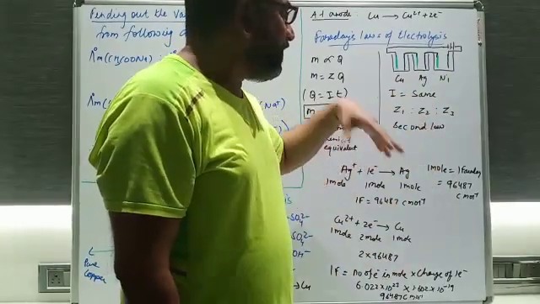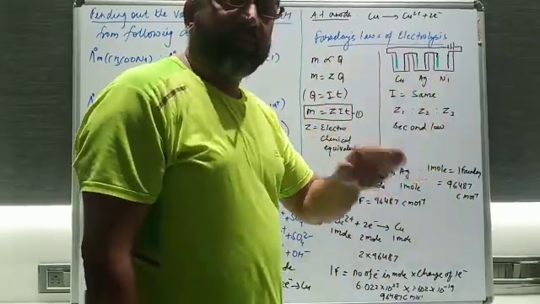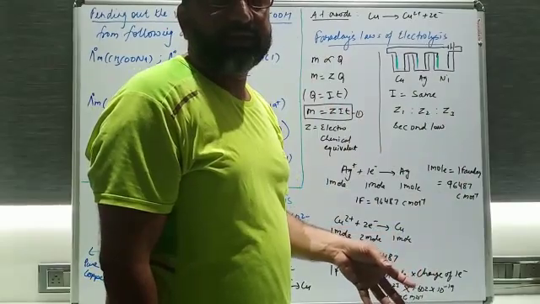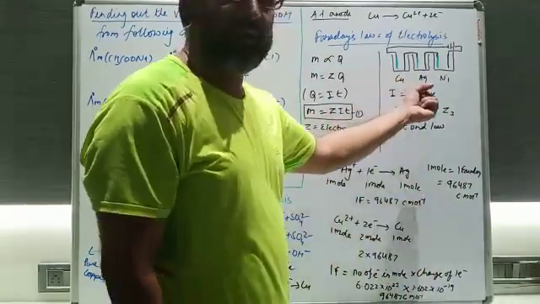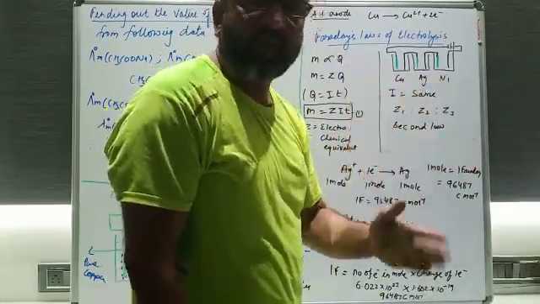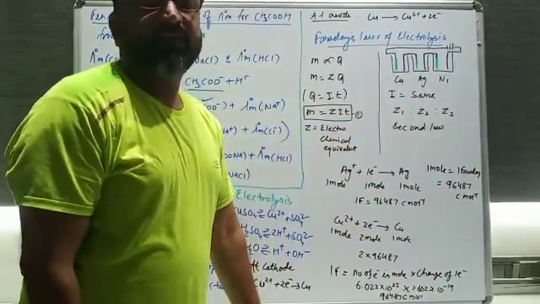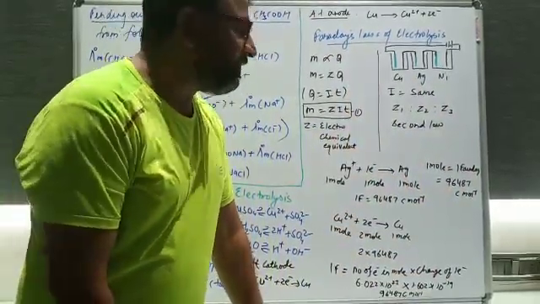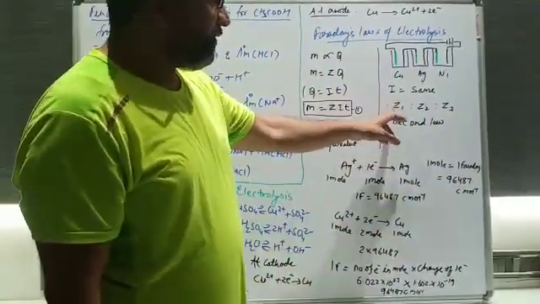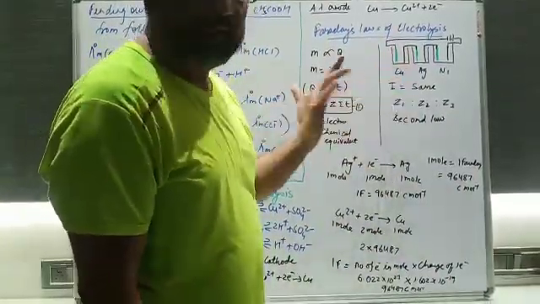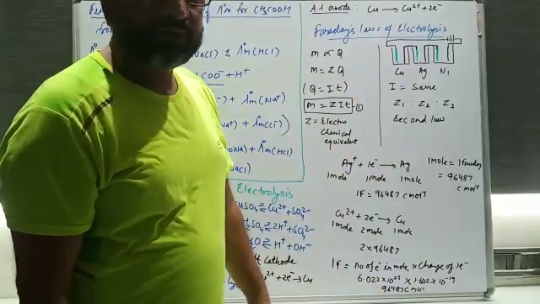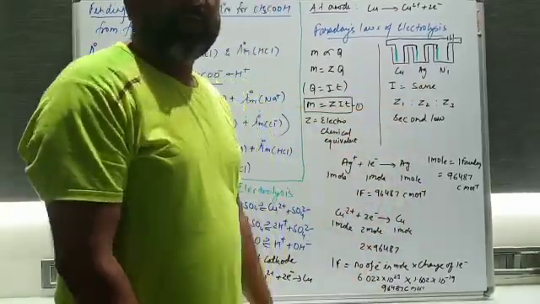Whenever you connect these three cells, the ratio will be 1:2:3 only, because the electrochemical equivalent is constant for each metal at a particular temperature. I hope you understood this. So this is called the second law of Faraday.